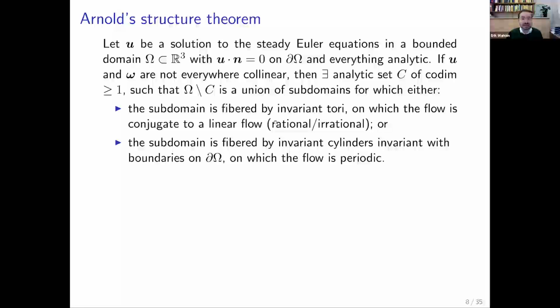In that case, the flow is periodic on each of these invariant cylinders. So that's the integrable case. And these invariant tori or cylinders are the level sets of H.